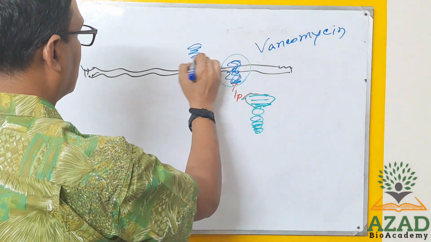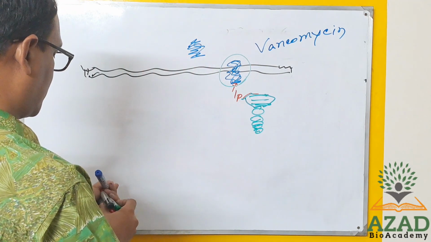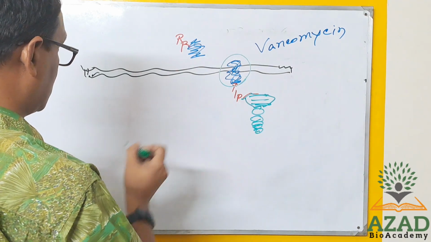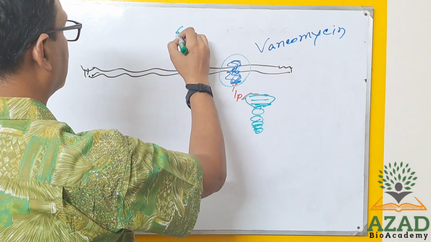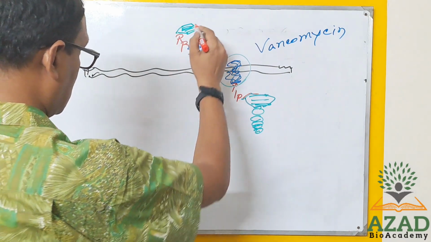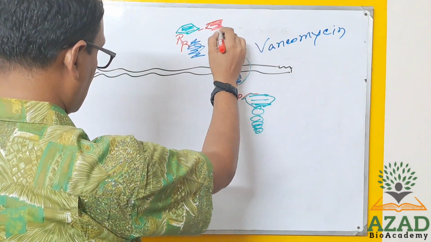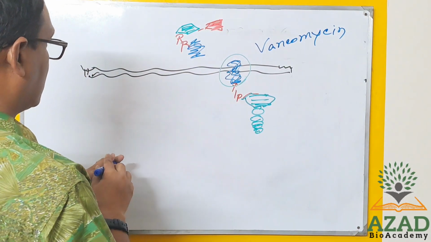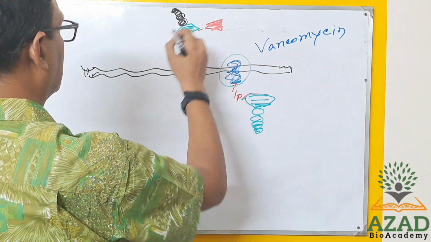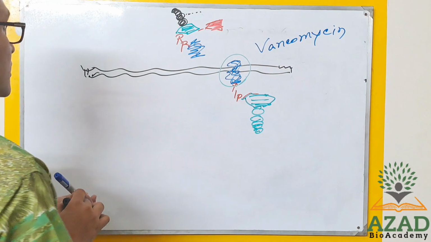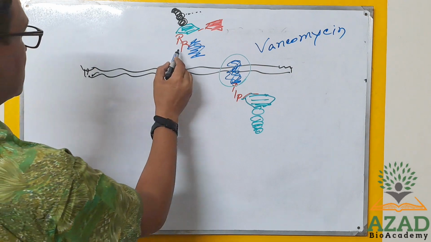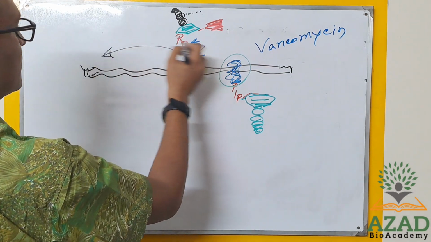This is the bactoprenol, this was the diphosphate, phosphate and phosphate, and that was your sugar, N-acetylmuramic acid, and that was N-acetylglucosamine, and their pentapeptide, including pentaglycine.